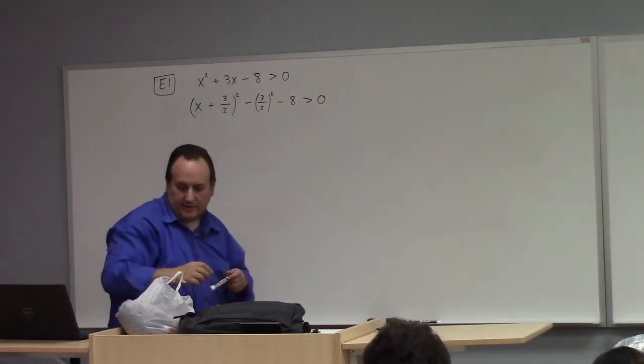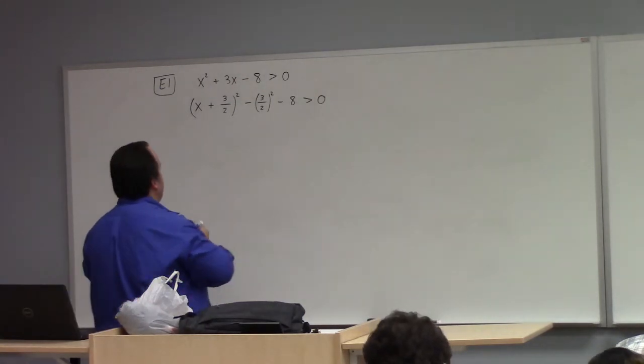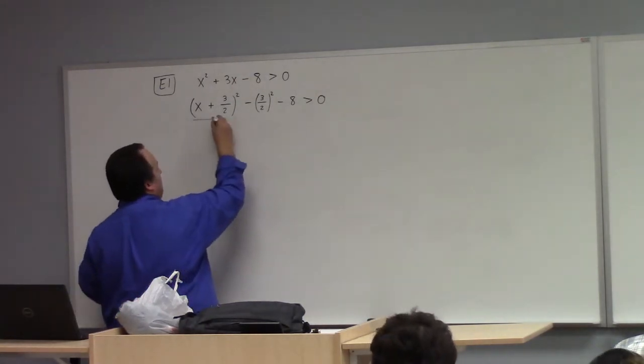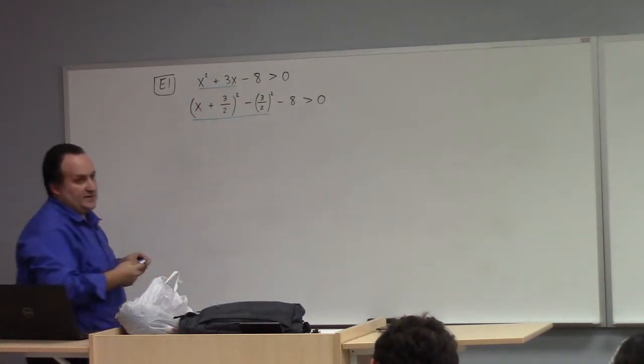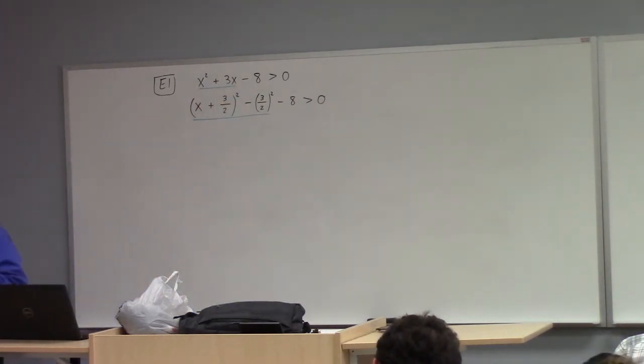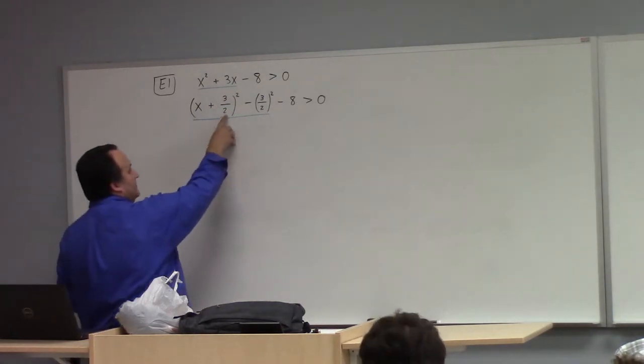So what I'm underlining in blue right here is identically equal to these two terms. So this is completing the square. Take half of the coefficient of x, you take x plus that, you square it. You have to subtract the square of whatever goes here, over there.